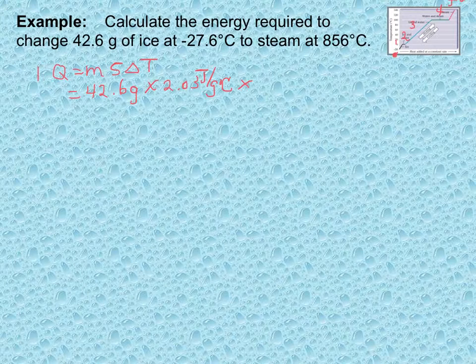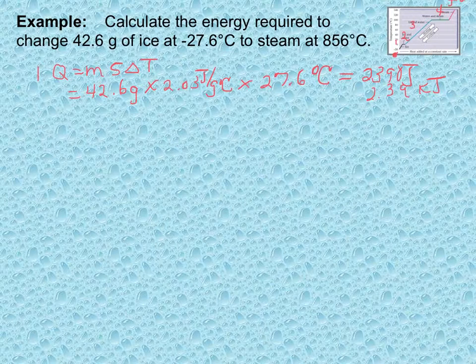So that's a positive 27.6 degrees Celsius change. And when we multiply these together, we're going to get 2,390 joules. And we're going to convert those to kilojoules. So that would be 2.39 kilojoules just for step 1.